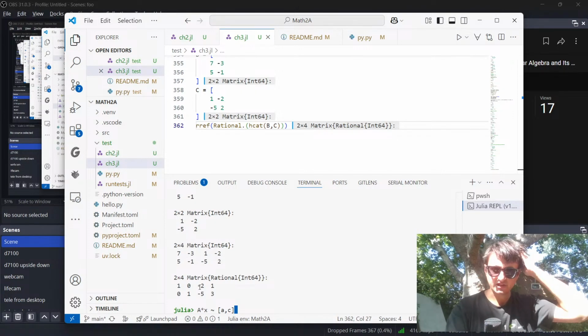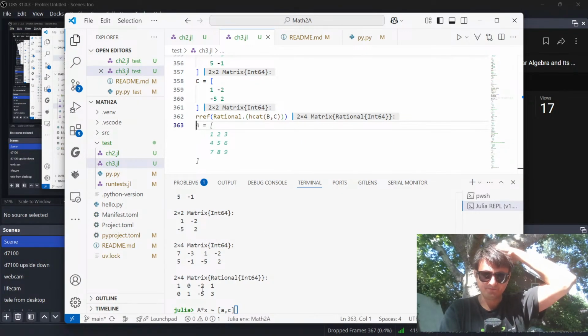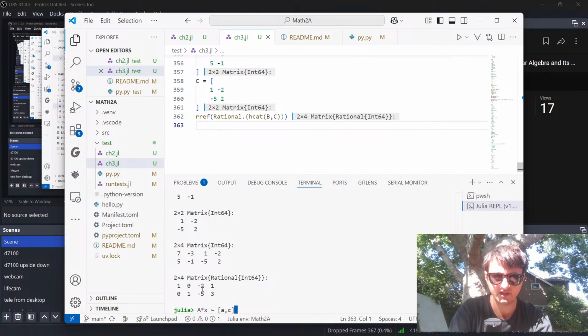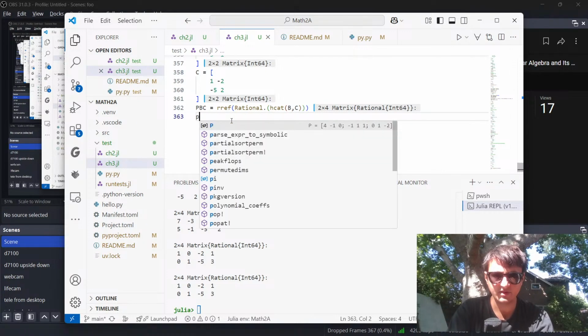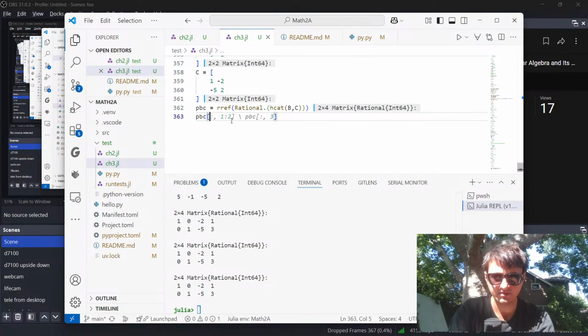And what we can do, just to double check, is this means that we can write C1 as minus 2 times B1. So we'll call this PBC, from B to C. Let's just do the third column.